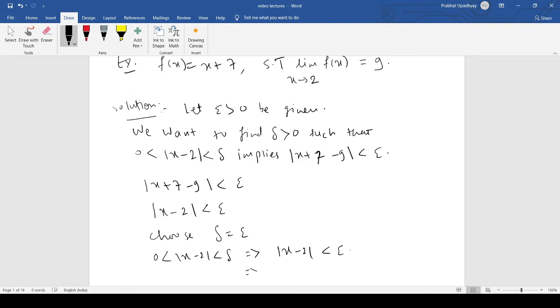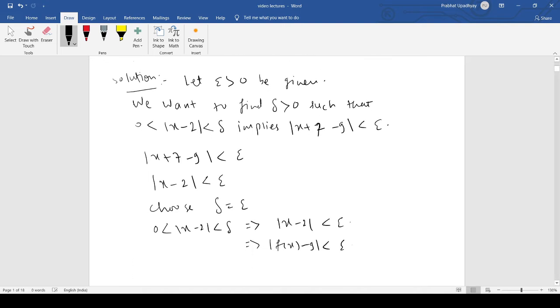But mod x minus 2 is what? It is f of x minus 9, less than epsilon. So here our job was very easy. Epsilon itself worked as our delta. In that way, you have proved that the limit of f of x as x tends to 2 is 9.